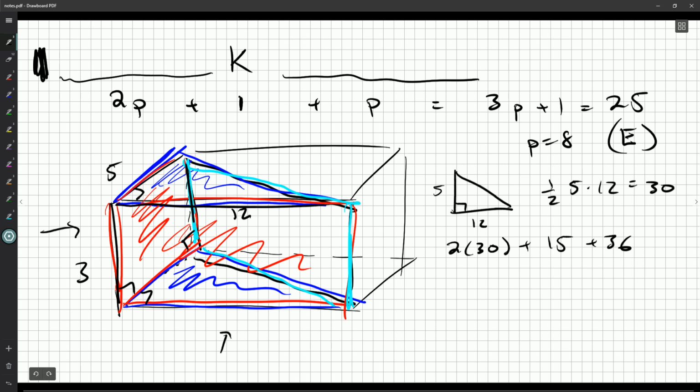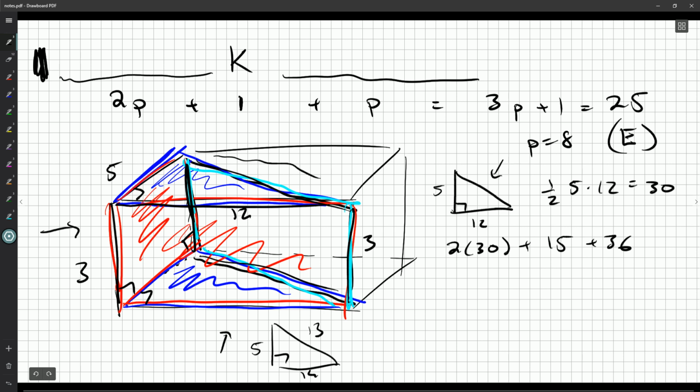And then, well, what are the dimensions of the cyan rectangle that cuts across, that divides the bigger prism in half? What are the dimensions there? Well, I know it's a height of 3, but what is this long side? Well, that's going to be the hypotenuse of my right-angled triangle, my 5, 12, and if you know your Pythagorean triples, 13.